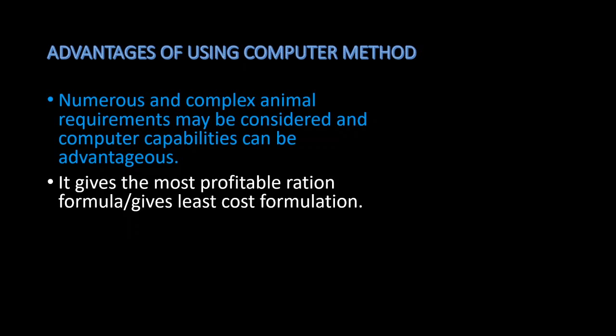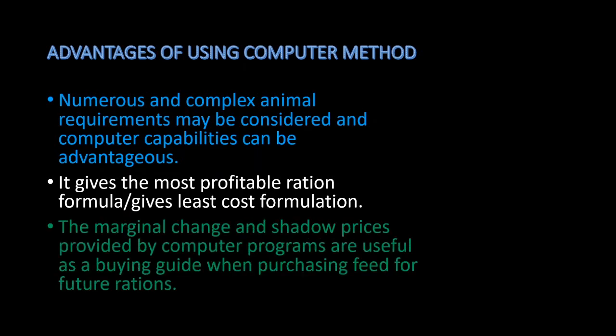It gives the most profitable rational formula, particularly when we are using least cost feed formulation software. The marginal change and shadow prices provided by the computer program are useful as a buying guide when purchasing feed for future rations. So we can check at what price we should go for purchasing the feedstuff.